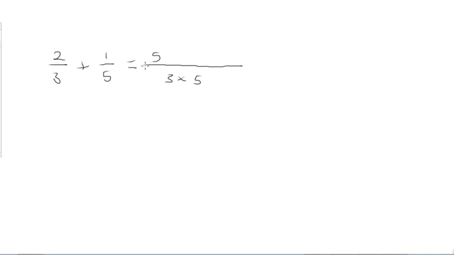So we're going to say denominator 5, times numerator 2, plus denominator 3, times numerator 1. This gives us 5 times 2 is 10, plus 3 times 1 is 3, over 3 times 5 is 15. So we've got 10 plus 3 over 15, which gives us 13 over 15.